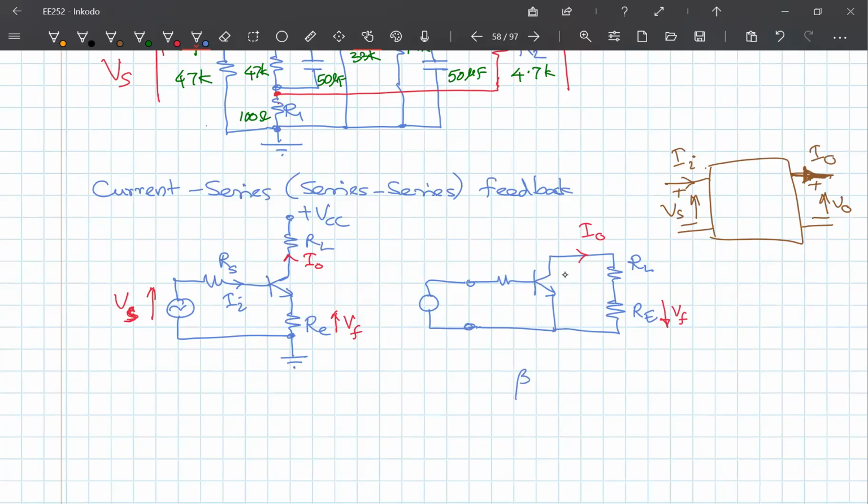Beta will be equal to VF over I out. So we can write this equation. VF is equal to minus I out RE, right? So therefore, this is my beta.